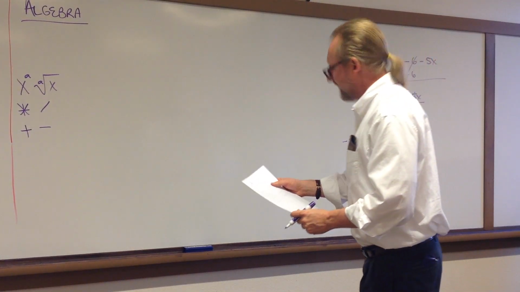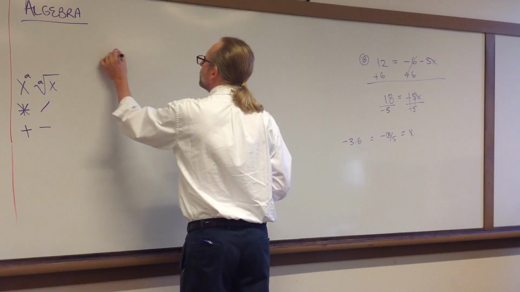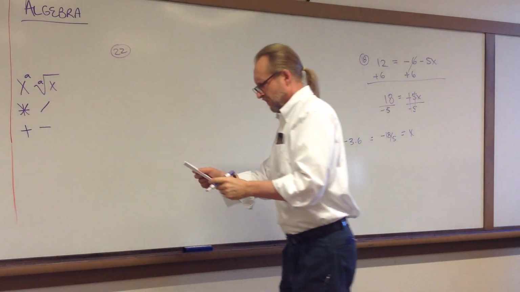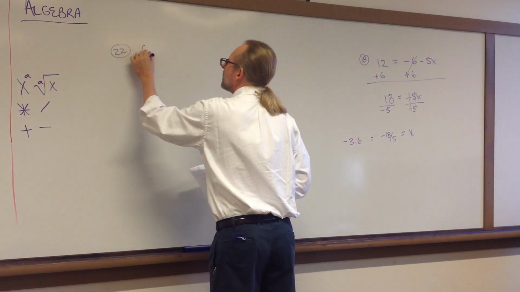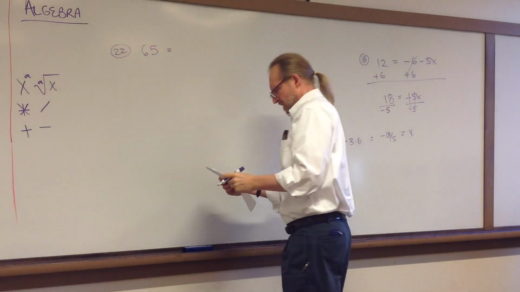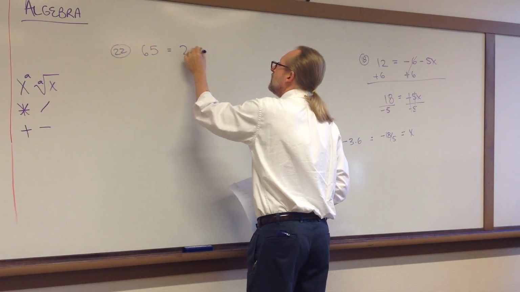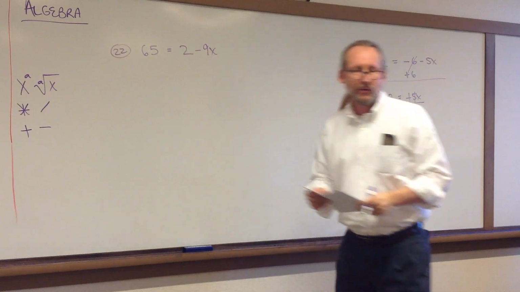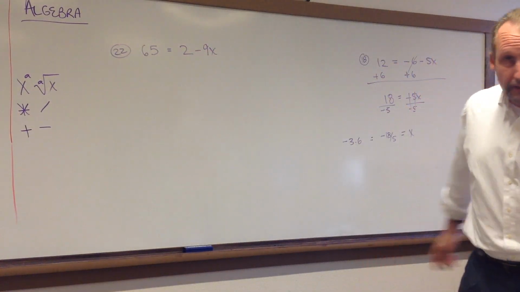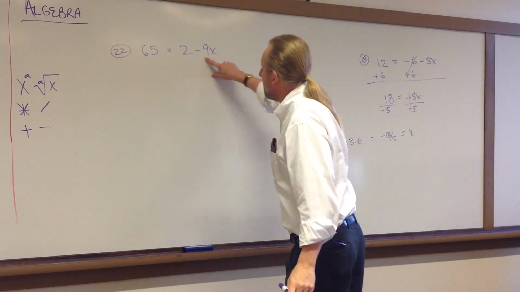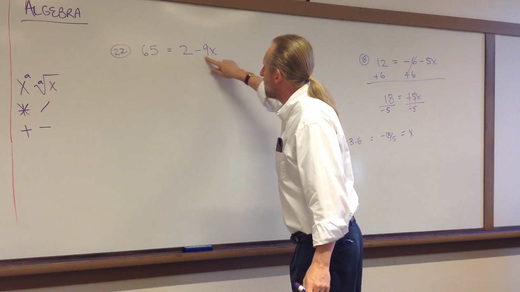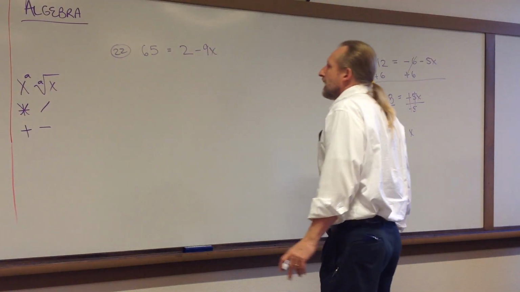Alright, over on the second page, we'll look at a few more of these. Problem 22, we start out with 65 equal to 2 minus 9x. So again here, recognize that this minus sign is attached to the 9. This is a negative 9 getting multiplied by the x.